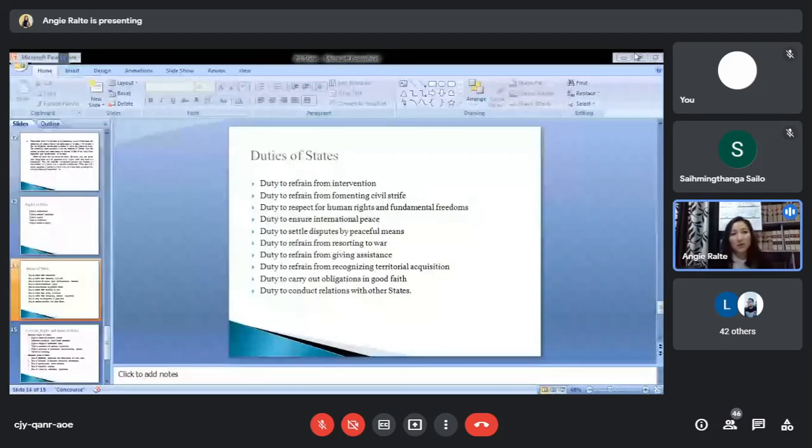An international treaty is an agreement that states sign, and they are bound by it under international law.